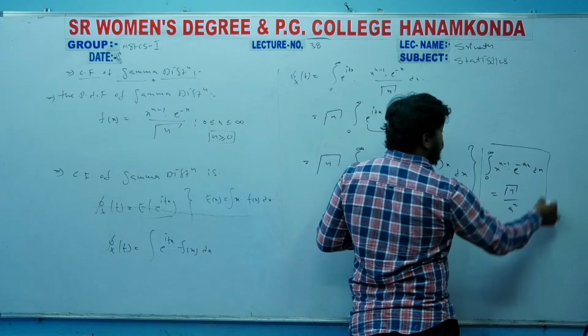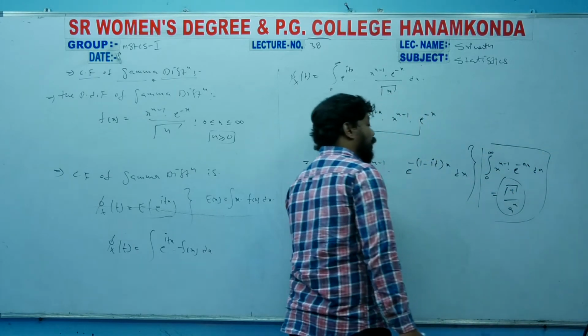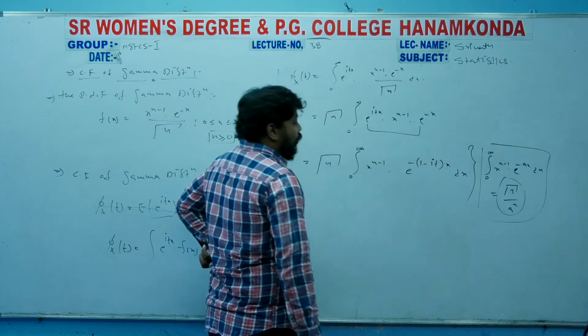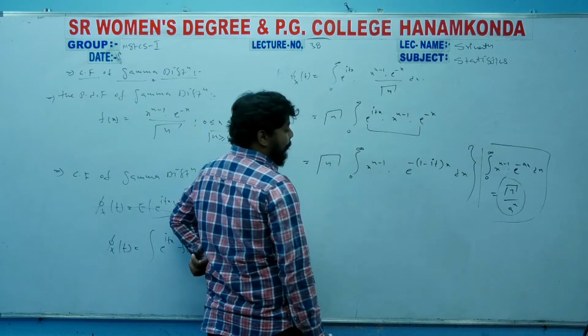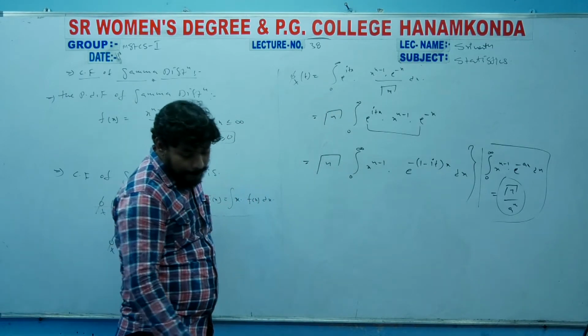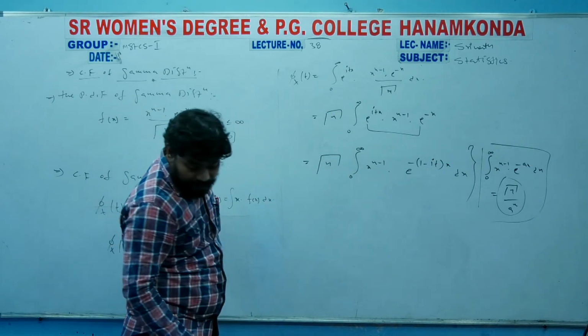This is the formula. We can substitute gamma n by a power n, considering a as 1 minus it.